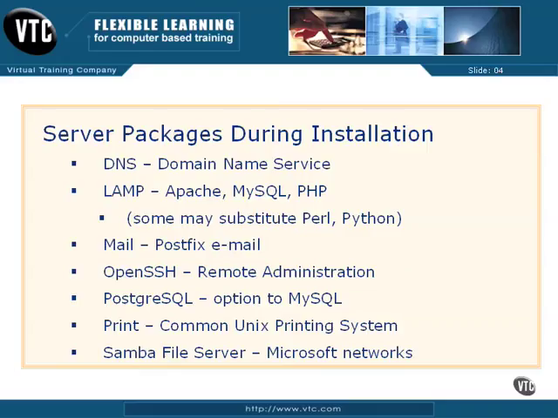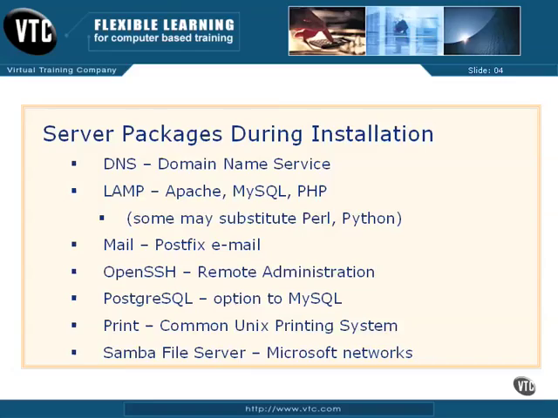The mail server option installs the Postfix email server. The OpenSSH server is, in my opinion, the best option for remote administration, and it's something I install on any server that I want to administer remotely. The PostgreSQL database server is perhaps the main option to MySQL.